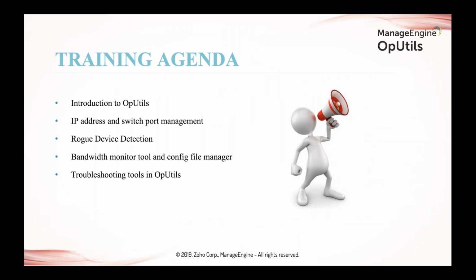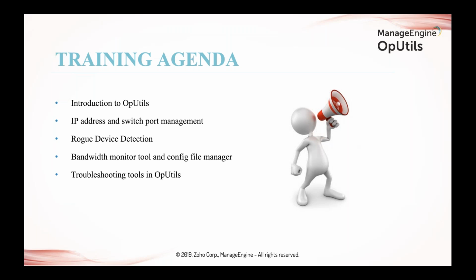So for today's OpUtils webinar, the training agenda is to introduce OpUtils to you and the basic functionalities available under it, and we'll be discussing each and every module one by one. The first one will be IP address management, also known as IPAM, followed by the switch port mapper, also known as SPM, and then rogue detection.